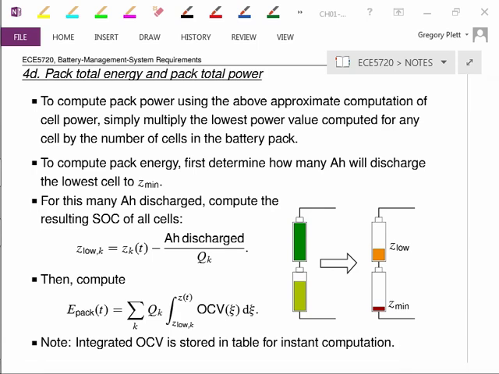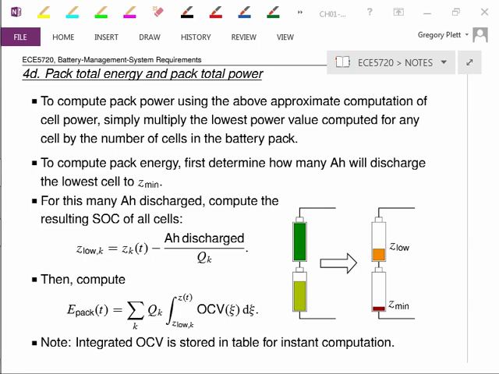And if I use that much power, the lowest cell will hit its limit, but none of the others will. So I won't exceed a design limit on any of the cells, but we recognize that there's energy in the pack that I can't get out because of some imbalance of some property. So again, Chapter 5 on balancing is important.